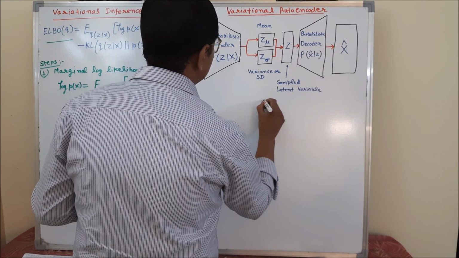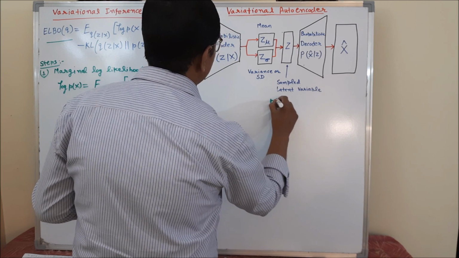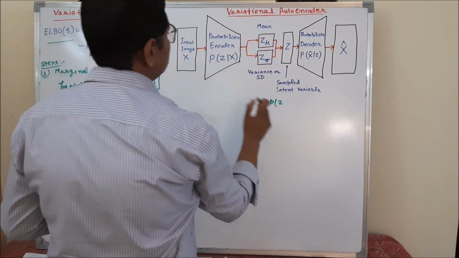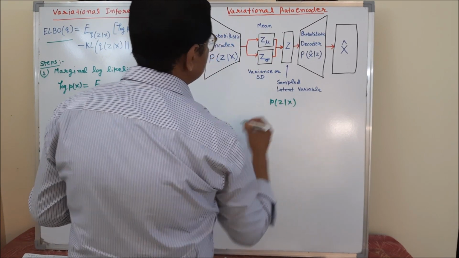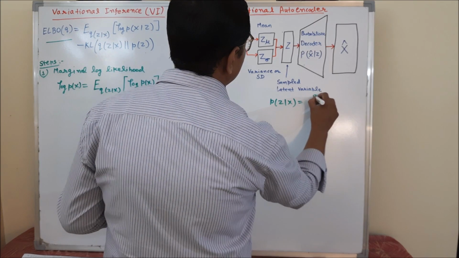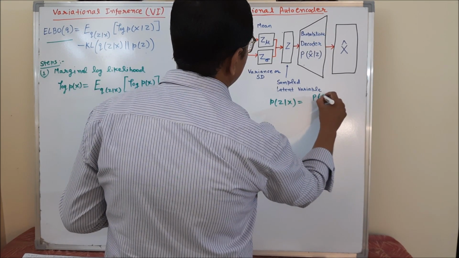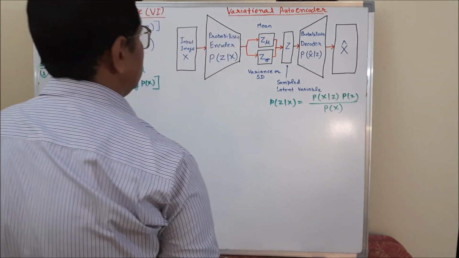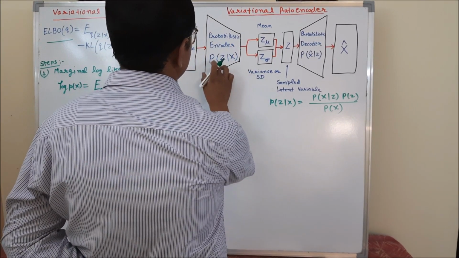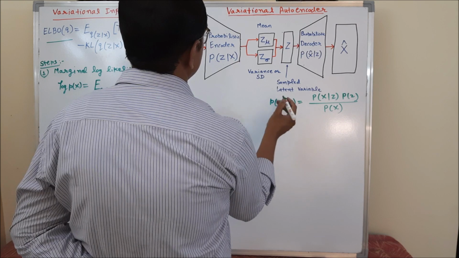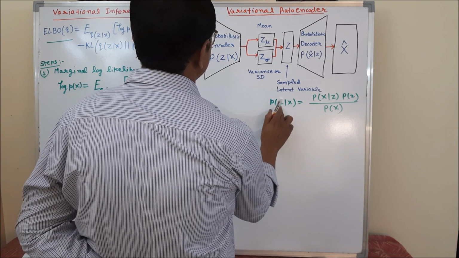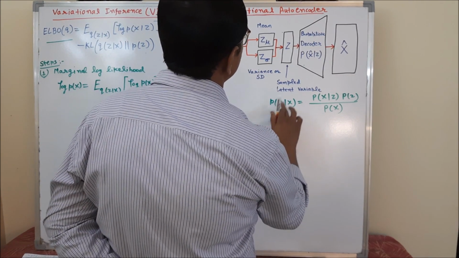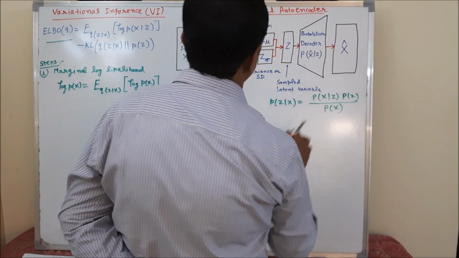The computation of the conditional probability to get the distribution Z from X, the probability of Z given X, that is the posterior distribution, is very tough or intractable.